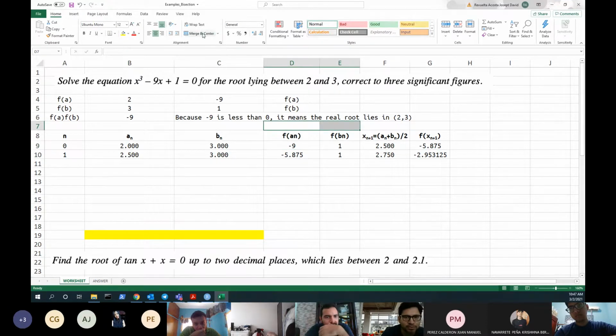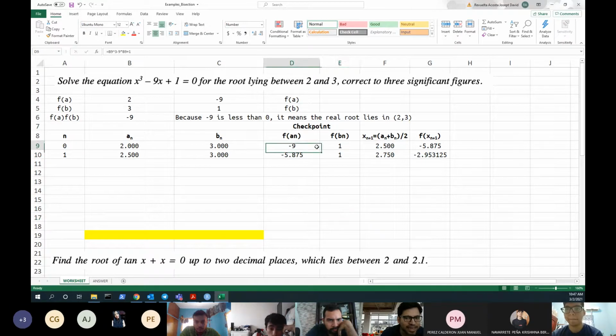I would put it like my checkpoint. Why? Because I'm actually checking if my root lies in this neighborhood. Because I know that minus 9 times 1 is going to be negative. It means that the root is still inside.